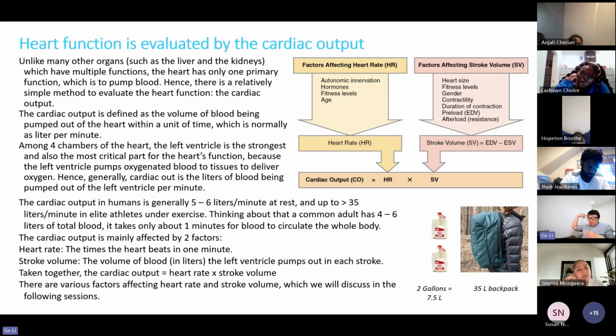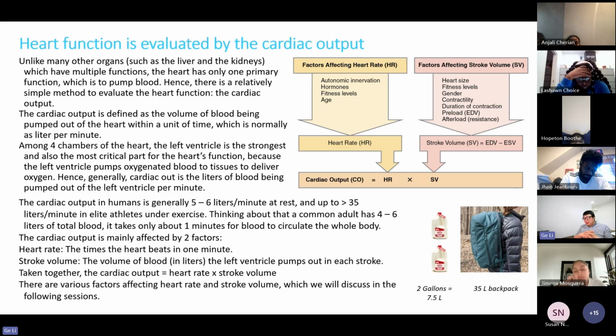Let's define this concept more specifically. The cardiac output is the amount of blood in liters that can be pumped out of the left ventricle per minute. That's the definition of cardiac output.